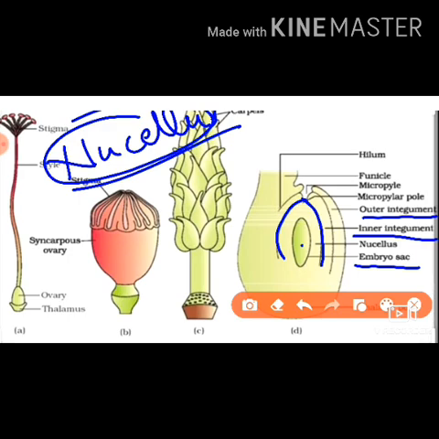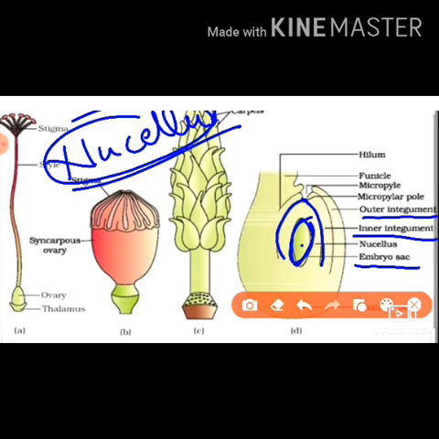Please remember, this middle one is the embryo sac, and it contains different types of cells. Antipodal cells, synergid cells, polar nuclei, and the egg cell are there. That we will study later.